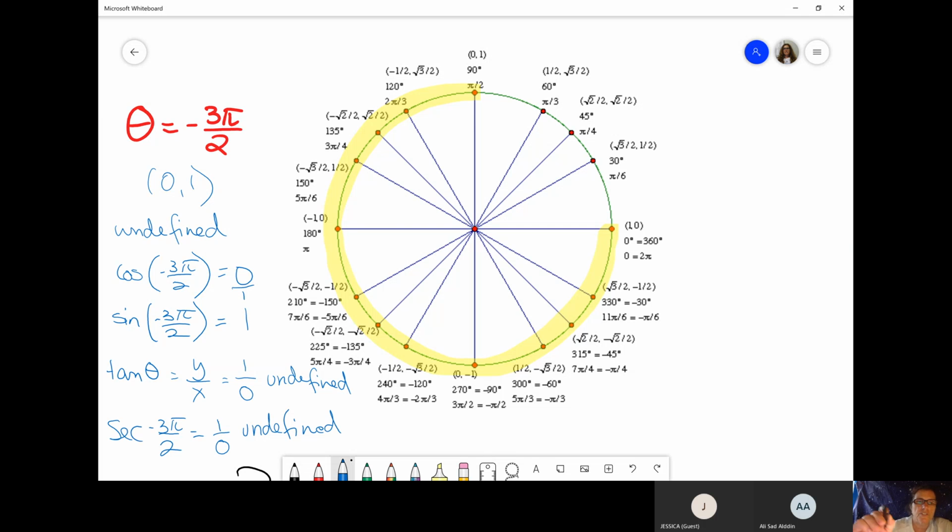So the two functions that are undefined for -3 pi over 2 are the tangent and the secant. Some of you had that incorrect, and the ordered pair is 0, 1. Does that make sense?